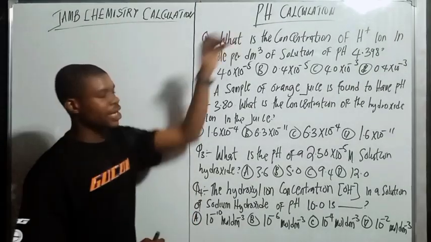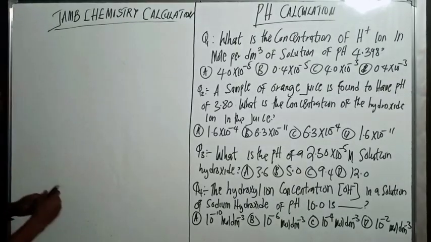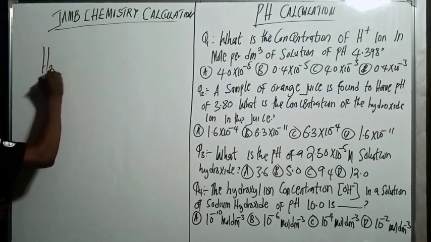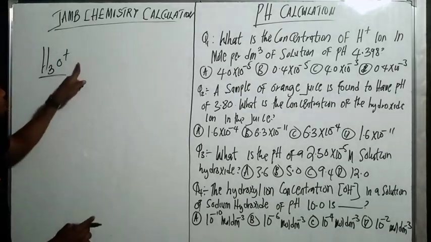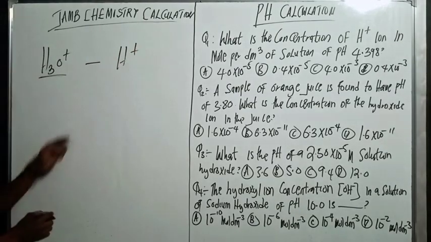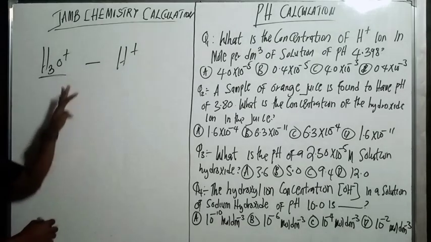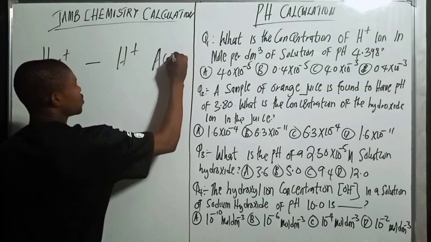Now, if you're talking about pH, there are some things you need to take note of, like H3O plus. This is called hydronium concentration. Hydronium concentration is also the same as H plus, so they can be used interchangeably. Both are for acid.